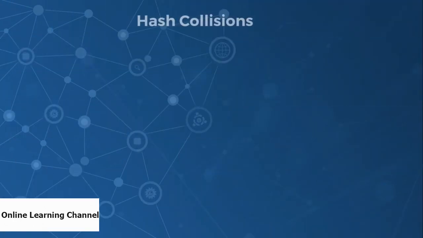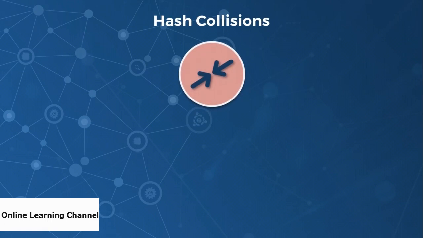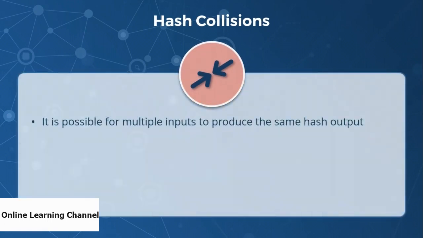So one thing to keep in mind when using a cryptographic hash, or any hash function for that matter, is that it is possible for multiple inputs to produce the same hash output. As mentioned earlier, such an occurrence is described as a hash collision, and given that the size of the output generated by a hash is always fixed, the output can only take a finite range of values, and this contrasts with the inputs to a hash function, whose range, of course, is infinite.